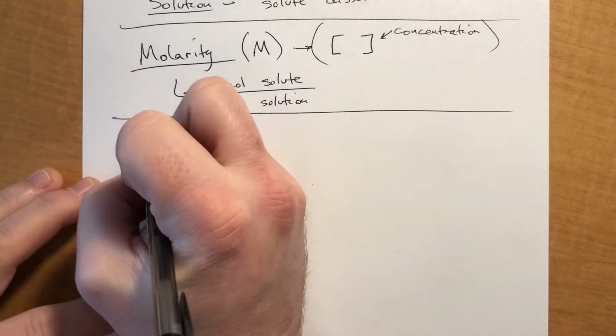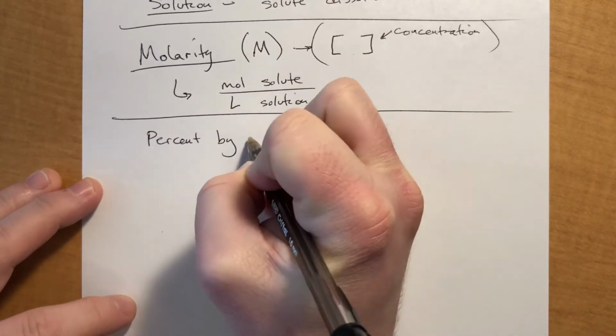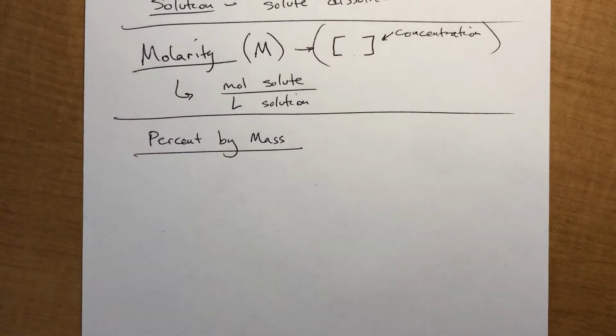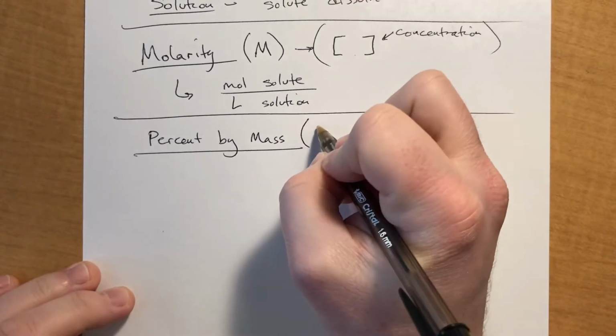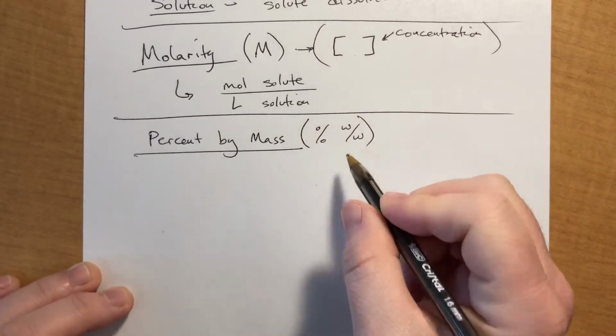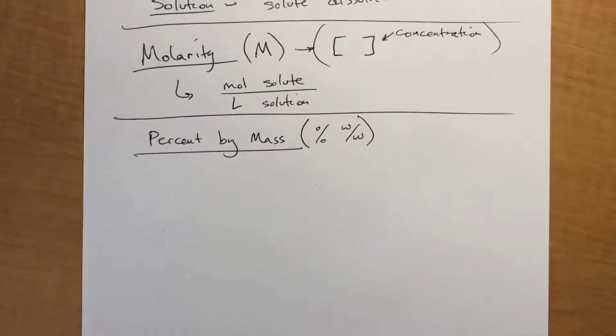Okay, so this is percent by mass, and this is slightly confusing because last semester we talked about something called mass percent. This is not the same thing. This is usually abbreviated as percent weight over weight, so it's W over W. That's how it's usually written on the side of a bottle.